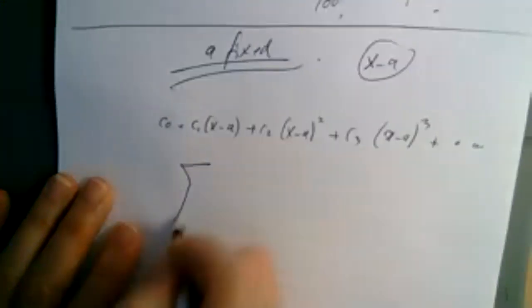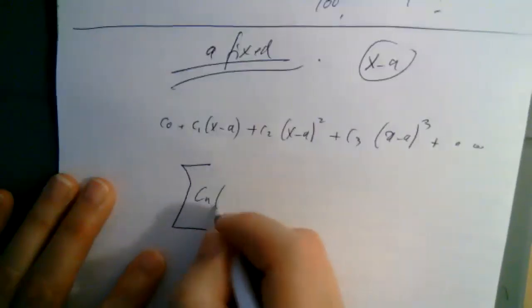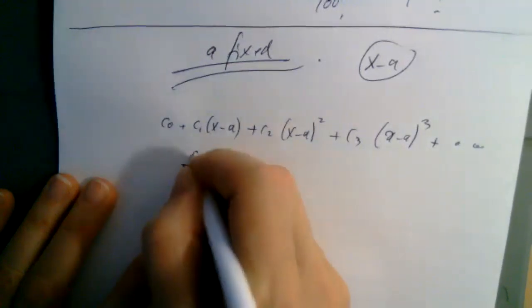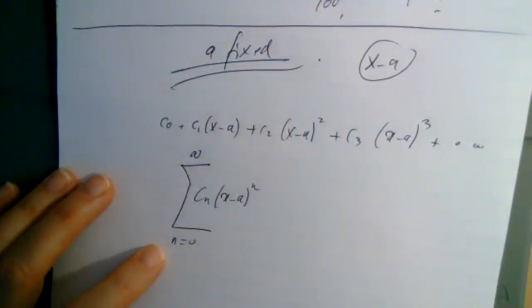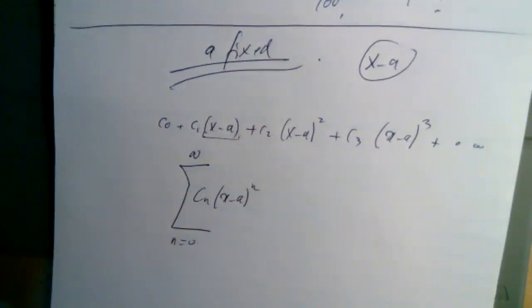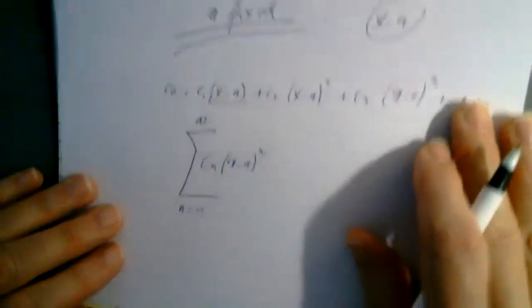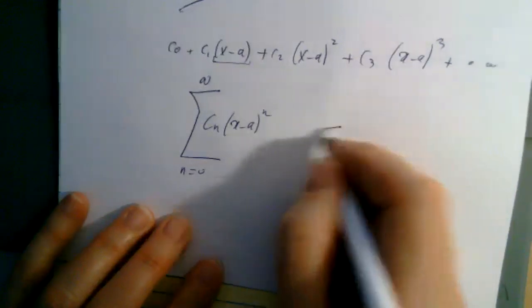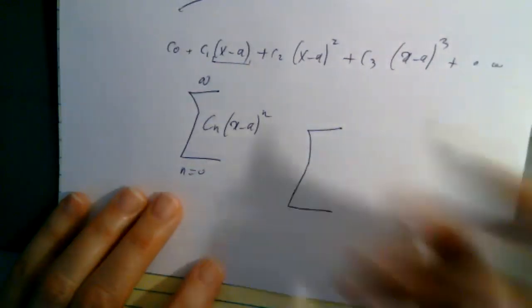So in sigma notation that looks something like that, n from 0 to infinity. That's a power series in x minus a. The first ones, we call them power series in x. That's really the difference. So for example, a power series in x minus 3 means a series of this form.